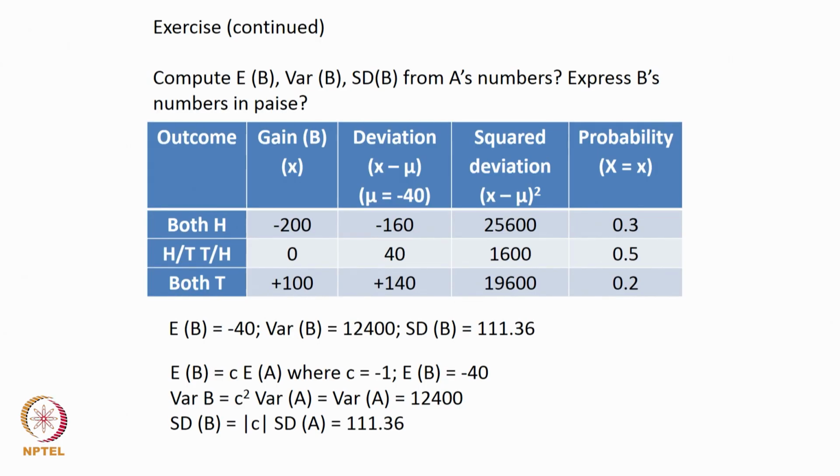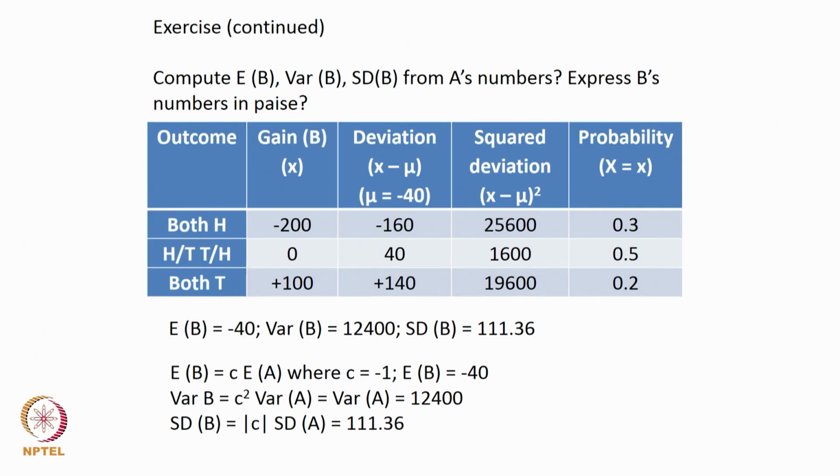Variance of B is, we find out the deviations. So, mu is shown here as minus 40. So, the x minus mu for the 3 outcomes are minus 200 minus 40, which is minus 160.